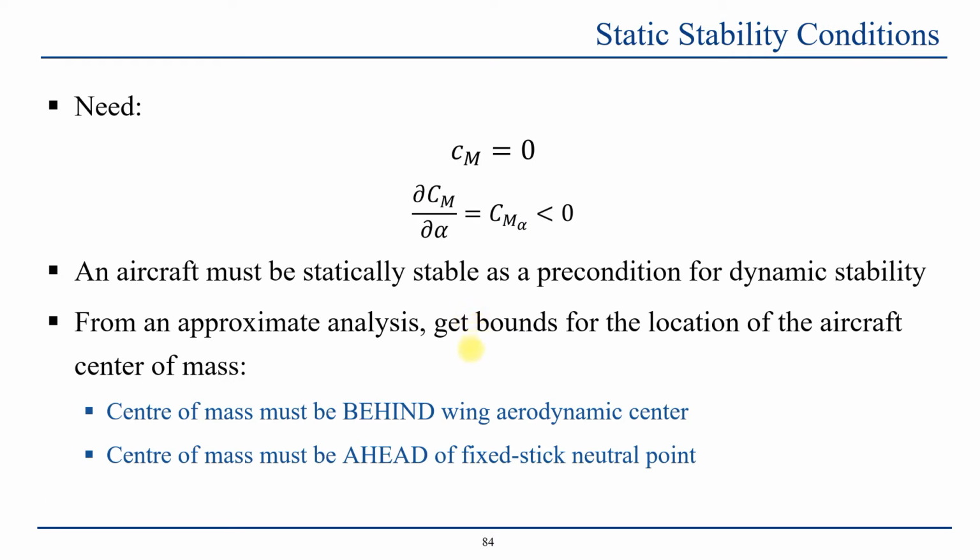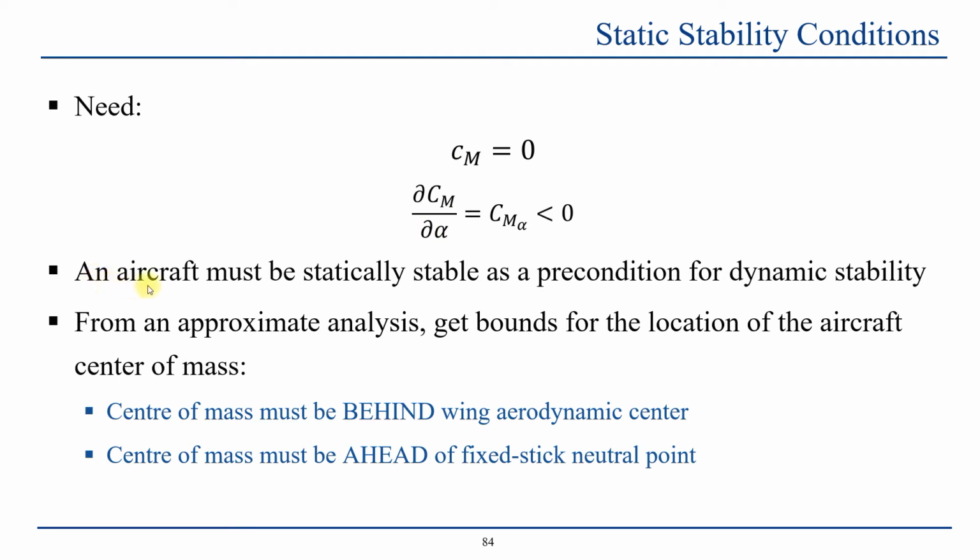Additionally, we said that we need to have our Cm equals 0 and Cm alpha, or dCm d alpha, negative for an aircraft to be statically stable. So we can check this as we go to our aircraft analysis later in this tutorial.